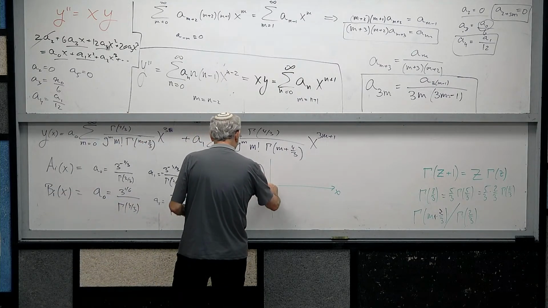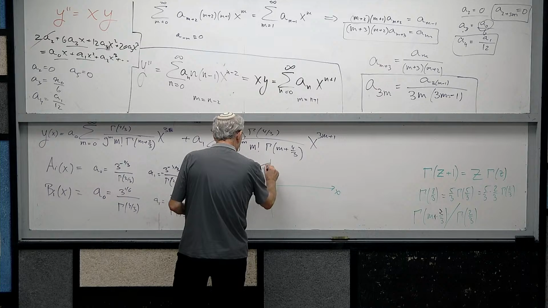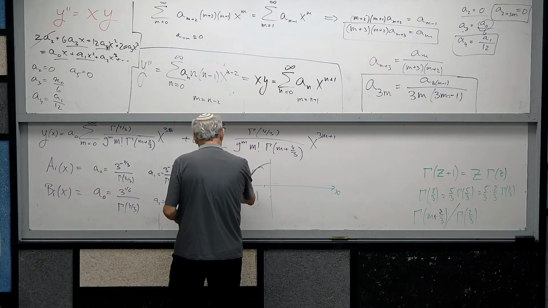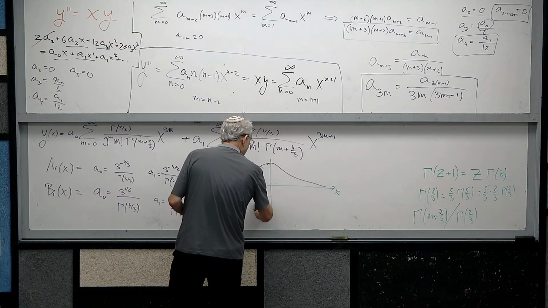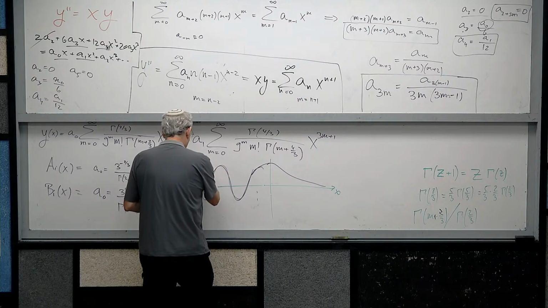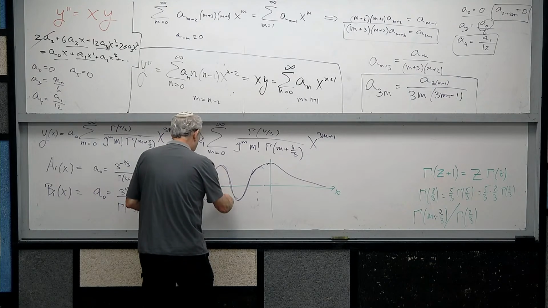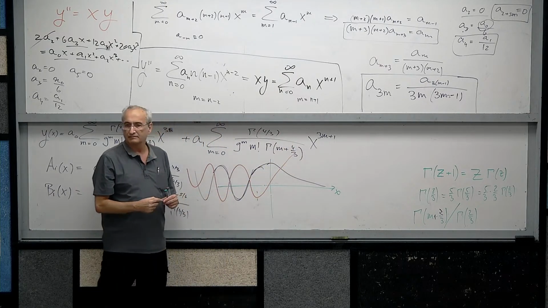The Airy goes to here somehow, and then from here it goes to 0. And the Bailey is oscillating with a phase with respect to the Airy here, and then it goes to infinity.